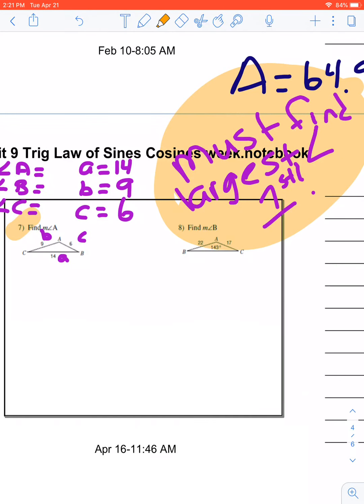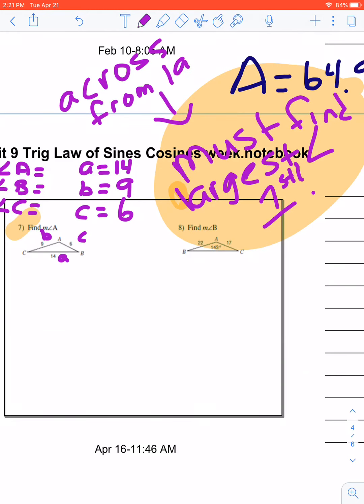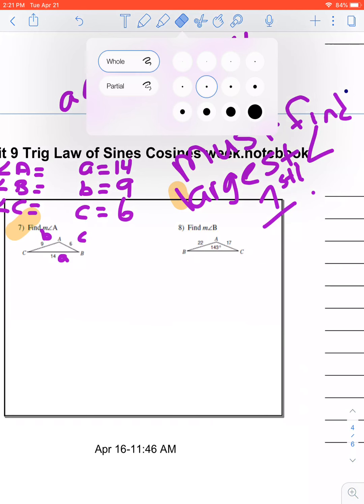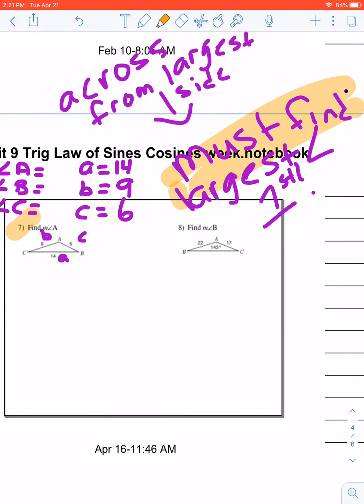The largest angle is across from the largest side. So the largest angle and the largest side are going to have the same letter. So you have to find the largest angle first.